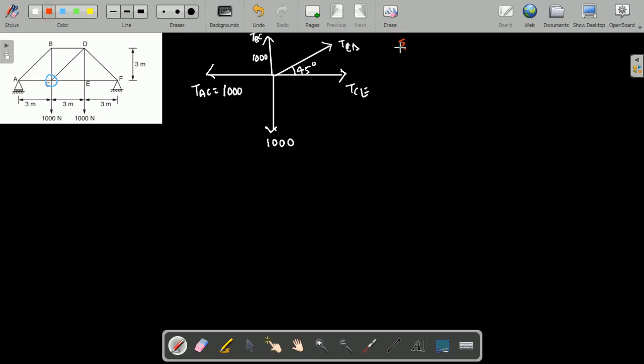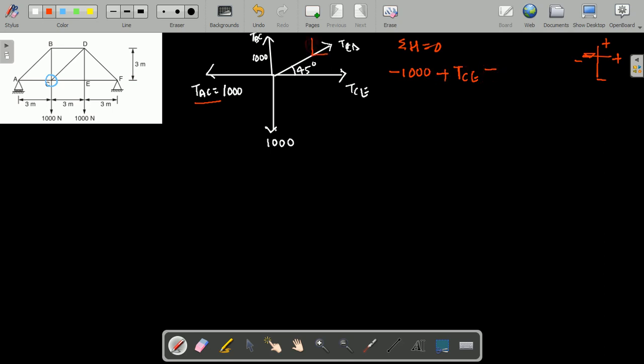I have considered summation of horizontal forces equal to 0. I need to follow this sign convention: positive, positive, negative, negative. So this AC is in the negative direction, that is minus 1000. I will write the direct value, TAC value is 1000, and plus TCE, as it is, then minus TCD.